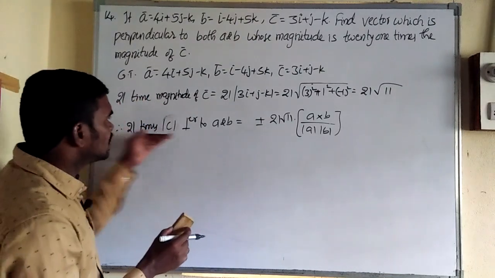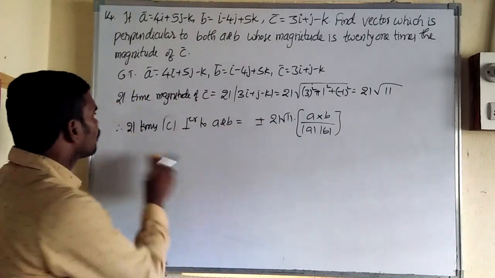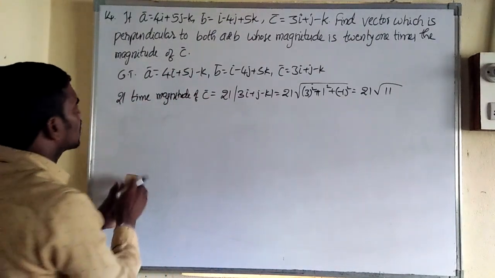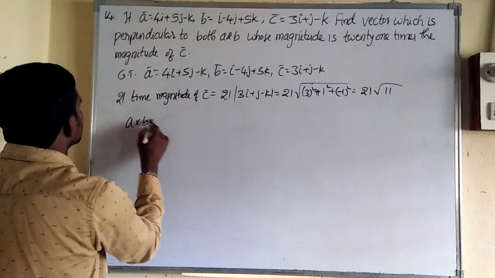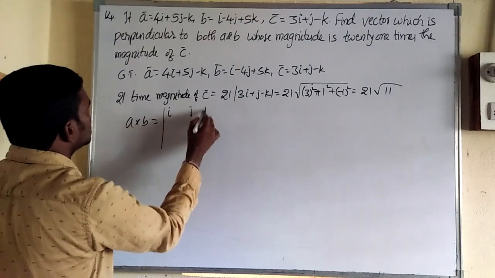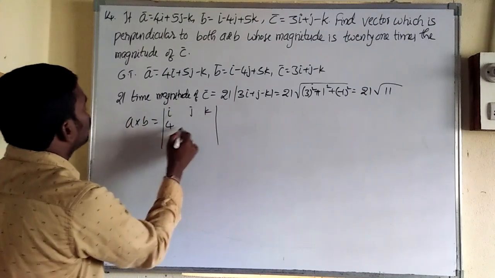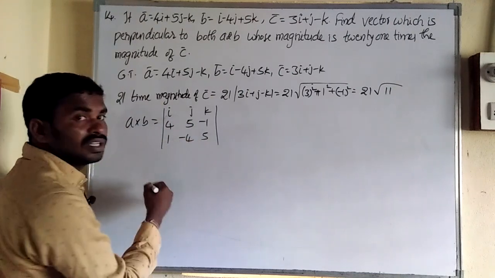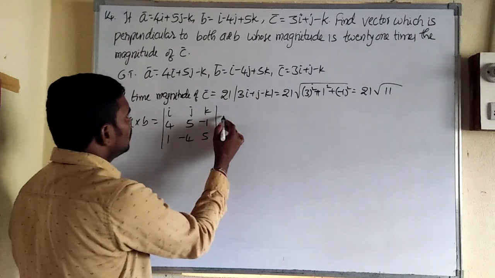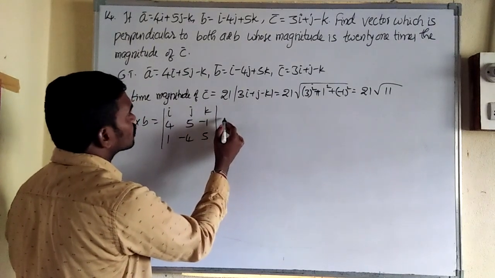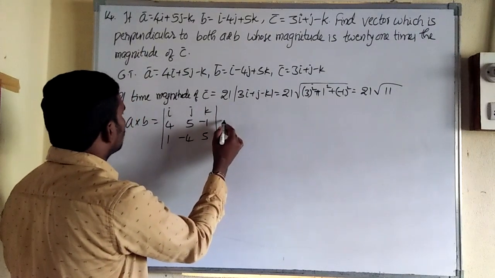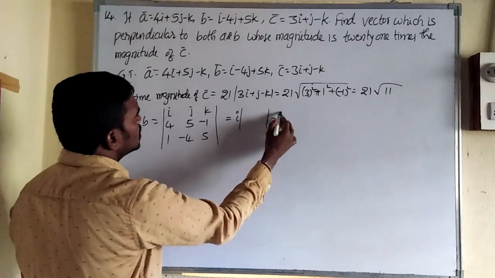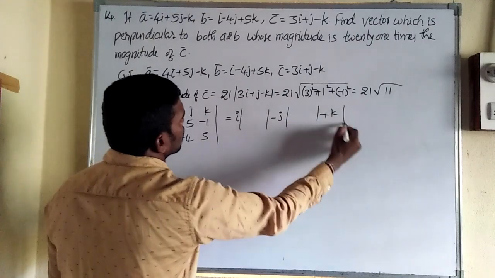Okay, I will write this sentence later, no problem, because I don't know what A cross B is. So first I am going to find A cross B. A cross B means we write the determinant i, j, k, with A as 4, 5, minus 1 and B as 1, minus 4, 5. So it equals i into, minus j into, plus k into.